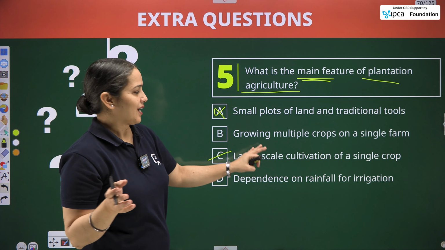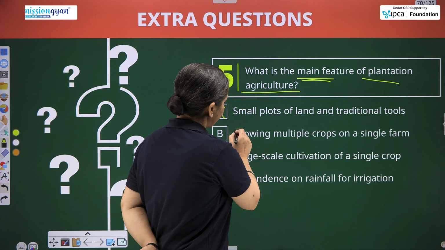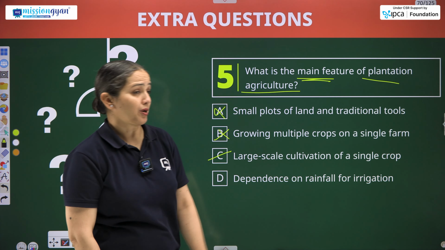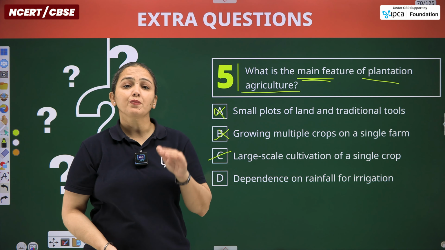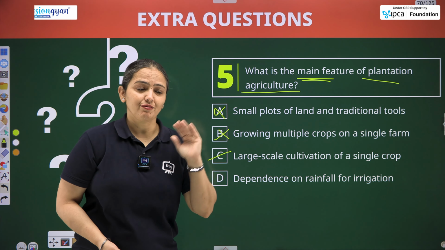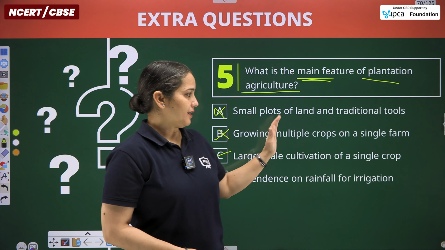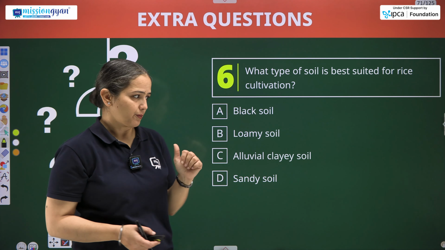Growing multiple crops on a single farm is not the answer because we are talking about plantation. They are particularly commercial crops grown on a large scale on a farm. So the answer is large scale cultivation of a single crop for commercial purposes, for selling.